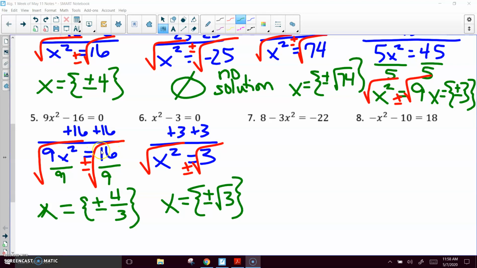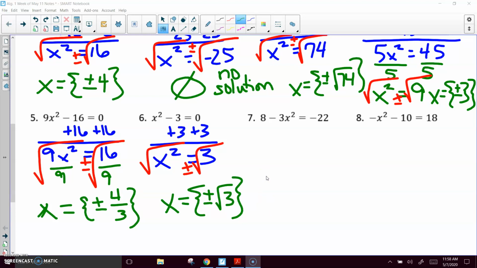When you take the square root of a fraction, that is equivalent to taking the square root of the numerator divided by the square root of the denominator. Both 16 and 9 are perfect squares, so this makes it nice and easy. The square root of 16 is 4, and the square root of 9 is 3. So plus or minus 4/3. Number 6, our final answer is x equals plus or minus the square root of 3.